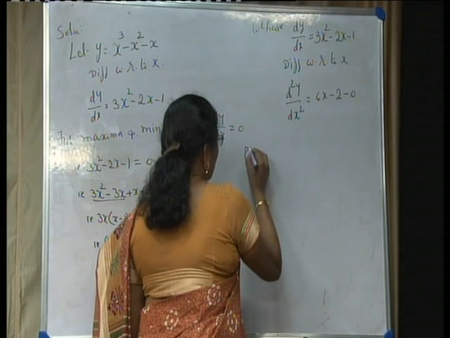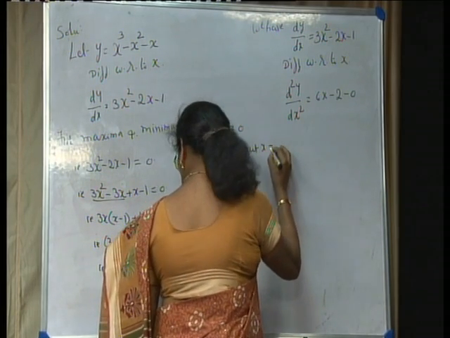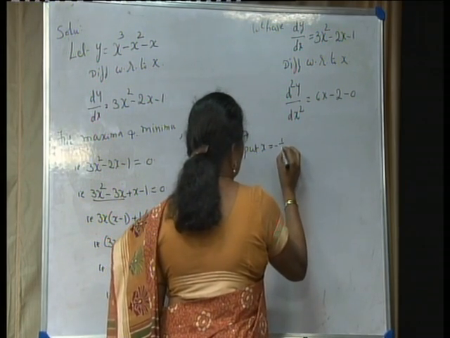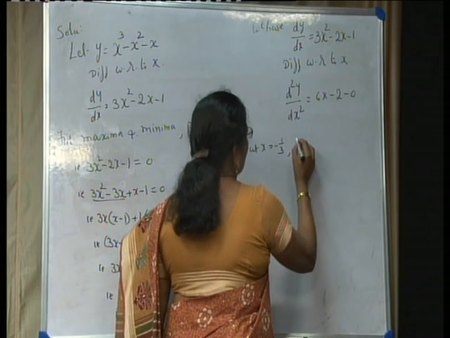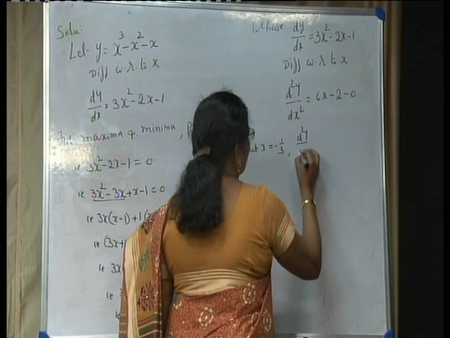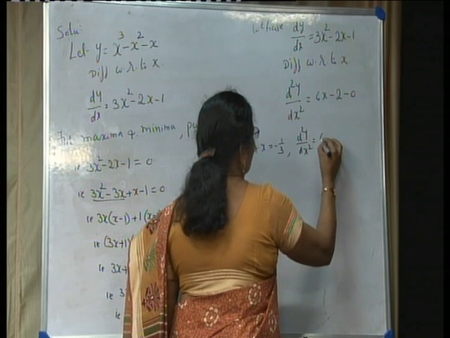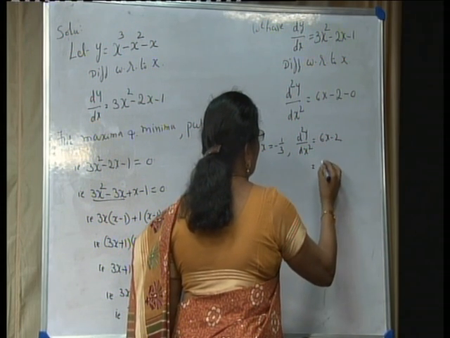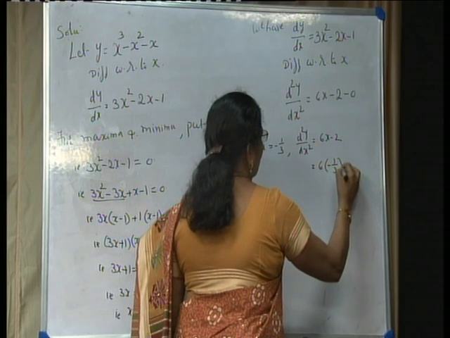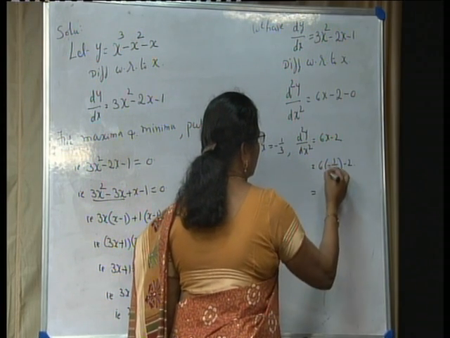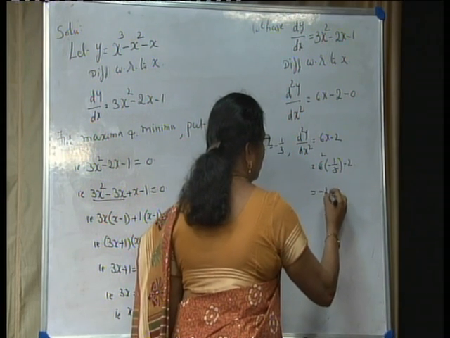Put x is equal to minus 1 by 3. d squared y by dx squared is 6 into minus 1 by 3 minus 2, which is minus 4.